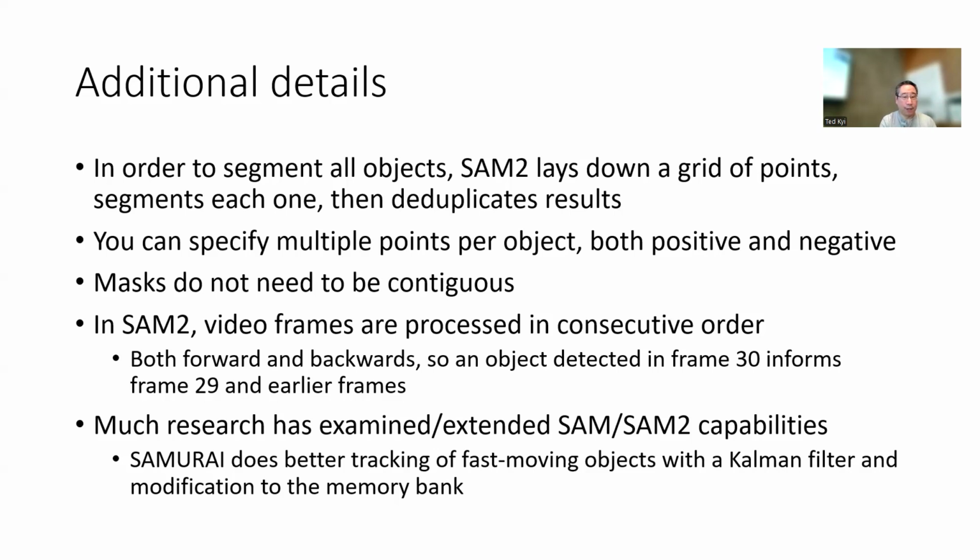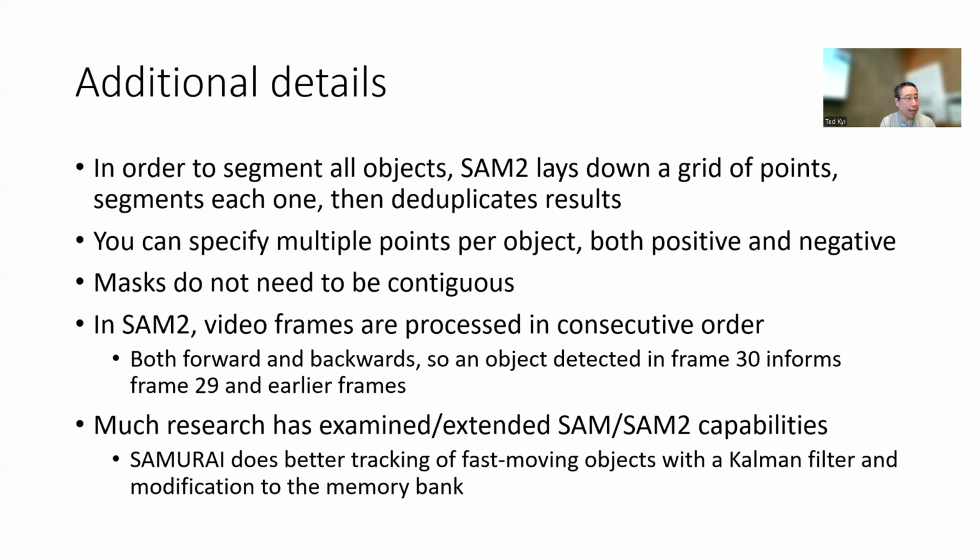Yeah, and so I just want to clarify, you can specify multiple prompts per object, and they also have the idea of negative prompts. So if you clicked on a person and you got the whole person, but you're like, no, I really just wanted the shirt, then you can actually do a negative prompt on the pants and a negative prompt on the head. And then that'll force the model to do that.